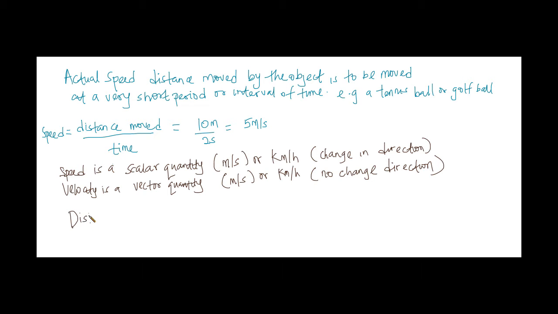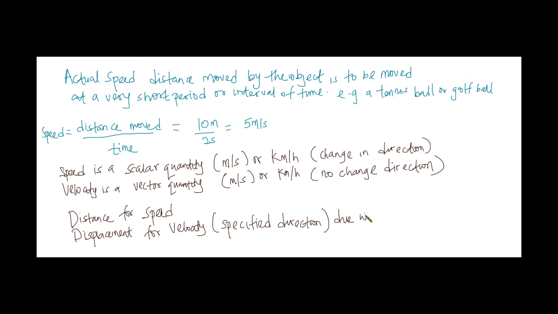Distance for speed, while displacement for velocity, in a specified direction: due west, east, etc.